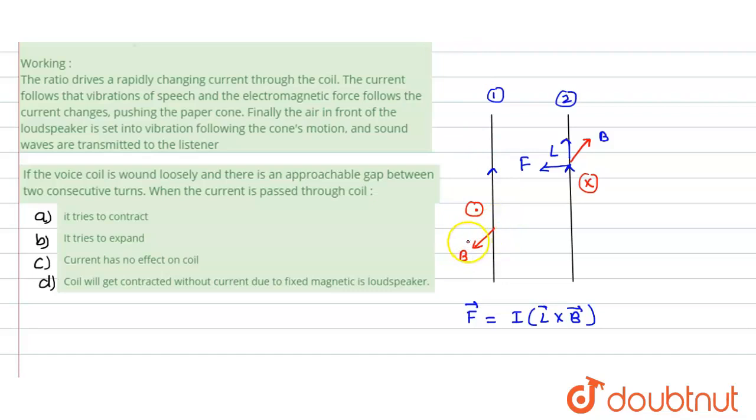This would be our B. Now the current element L vector is in the upward direction because the current is going upward. Again, if we take the cross product L cross B, the force would be towards the other wire. What we figure out from this example is that when the direction of current is the same, there would be an attractive force between the two wires.